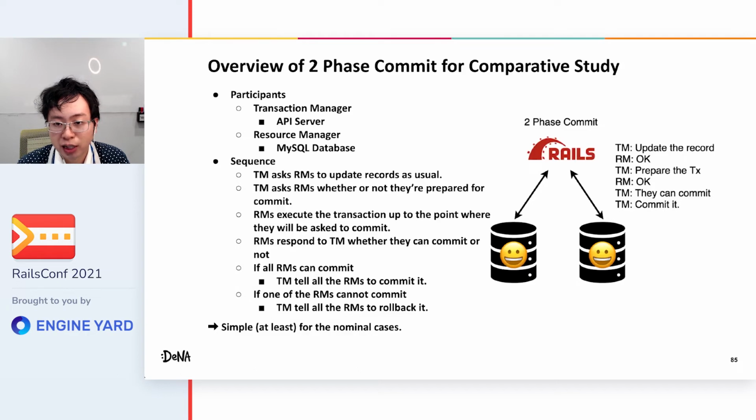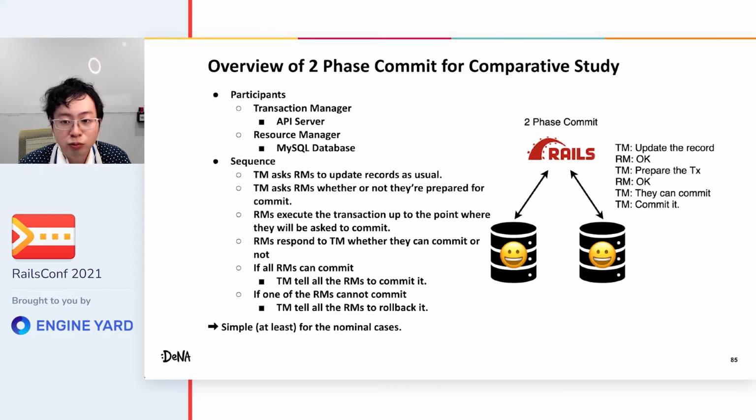Then, resource managers execute the transaction up to the point where they will be asked to commit. After that, resource managers respond to the transaction manager whether they can commit or not. If all the resource managers can commit, then the transaction manager tells all the resource managers to commit it. However, if any of the resource managers cannot commit, then the transaction manager tells all of the resource managers to roll it back.